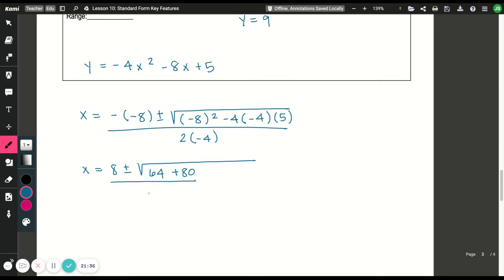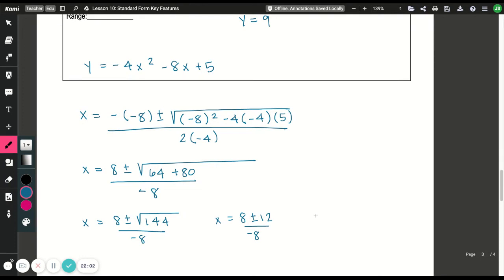All divided by 2 times negative 4 is negative 8. So 64 plus 80 is 144. Square root of 144 is 12.